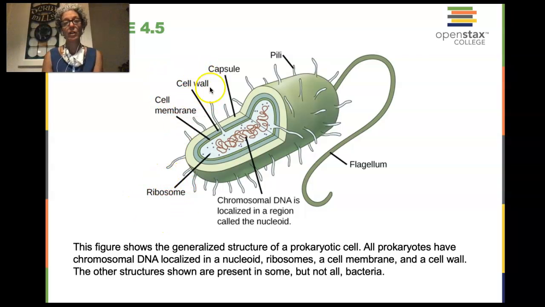Almost all of them have a cell wall, and when they do, it is made of a substance called peptidoglycan. So peptid tells you that there are peptides, that is amino acids linked together, and the glycan tells you that carbohydrate is present. So peptidoglycan is a sticky substance made of both peptides and sugars that form a prokaryotic cell wall.